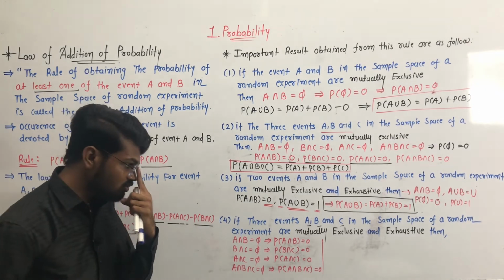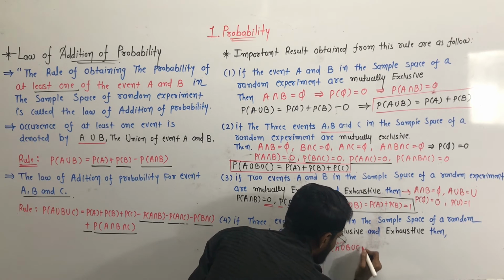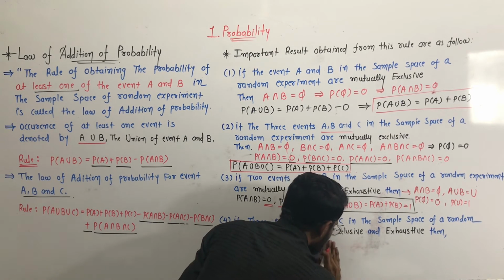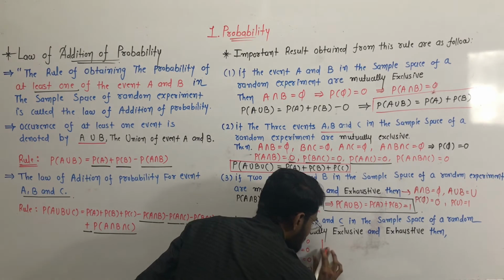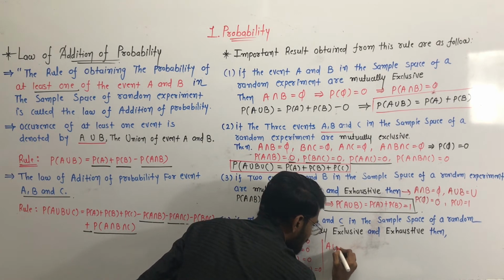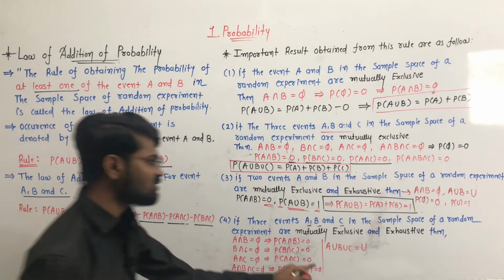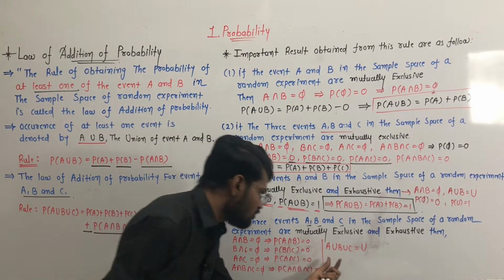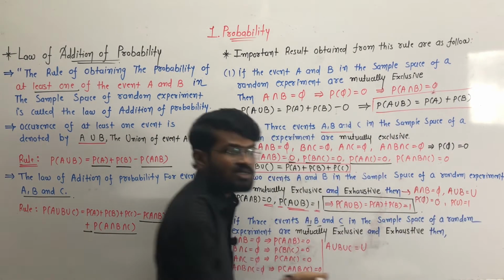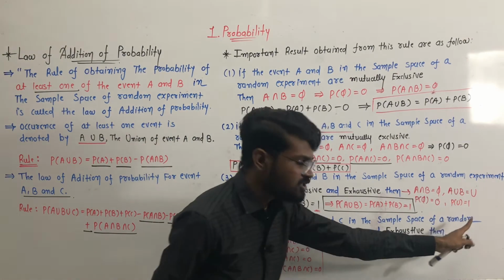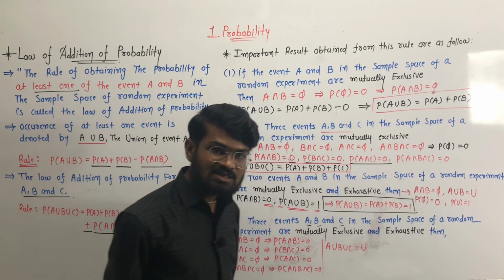The condition for mutually exhaustive events is that the union of events A, B and C is equal to our sample space U. But the probability of our sample space is equal to 1, so the probability of the union of events A, B and C is also equal to 1.